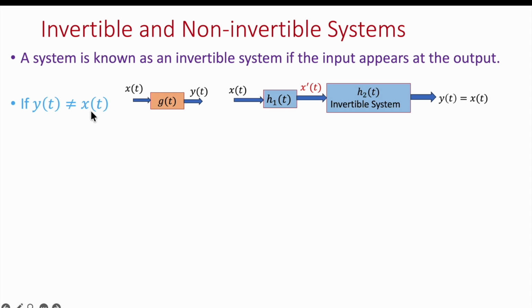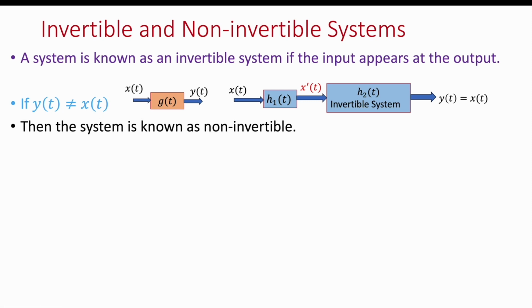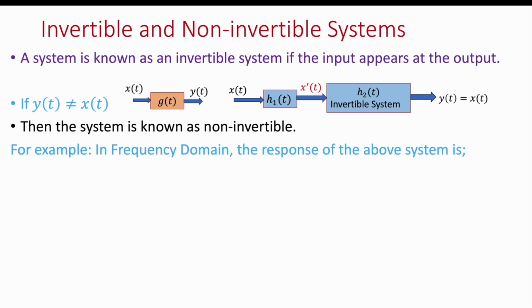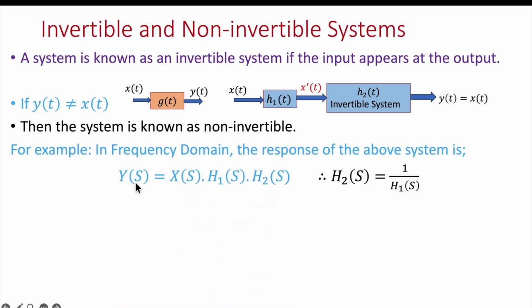But if the input doesn't appear at the output, or y(t) is not equal to x(t), then the systems are non-invertible systems. For example, in the frequency domain, the response of the above system can be written as Y(s) = X(s) H1(s) H2(s). Here H2(s) is the invertible system, so you can write H2(s) = 1/H1(s).